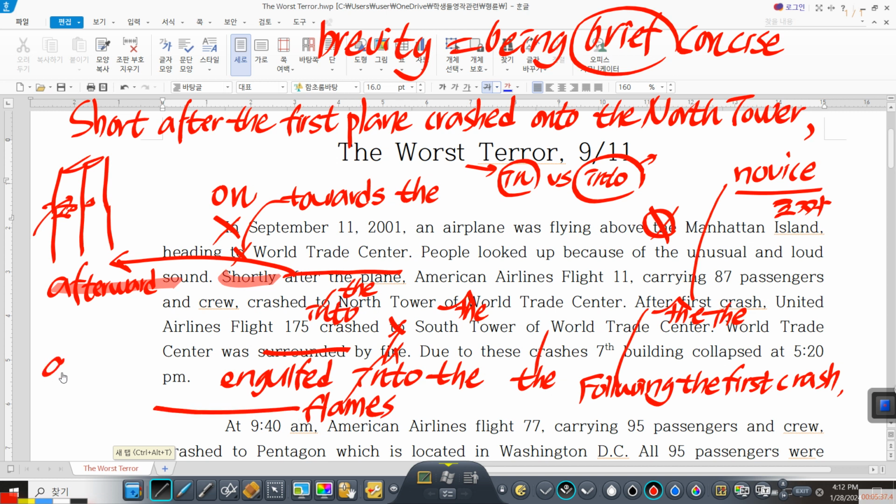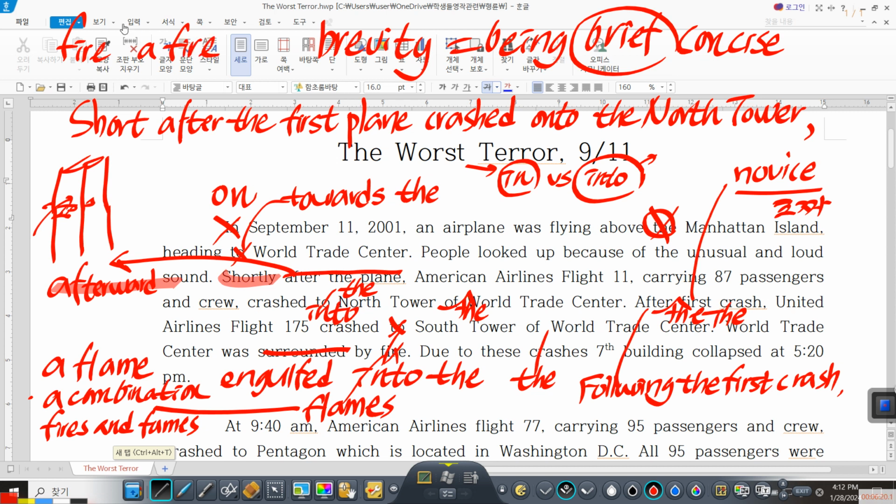You know what? Flame, roughly saying, flame is a combination of fires and the fume. You know fume? Smokes. Fumes and fires. When you put them together, then that can be articulated as a flame. Hyungyun, why would I say a fire rather than saying fire?